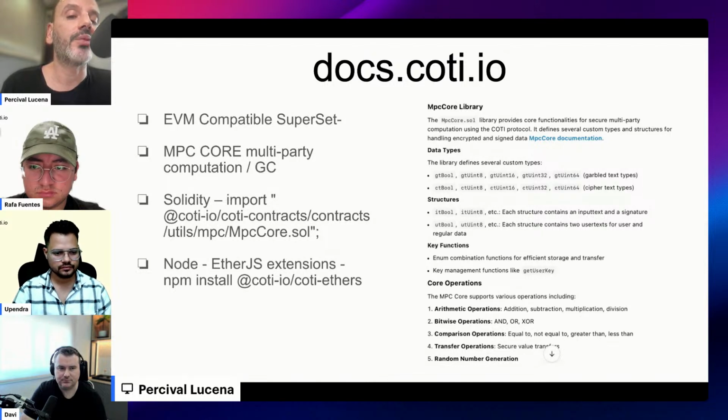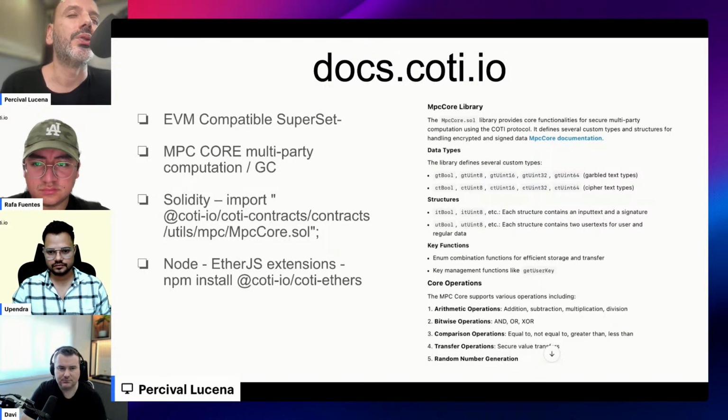This MPC core library has new data types and a few methods that allow us to encode and have encrypted information on a private blockchain, right? On a privacy blockchain. So that's what we're gonna do with the tools, right after some more details you might want to know.